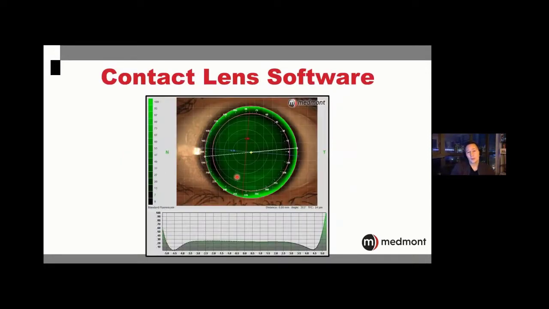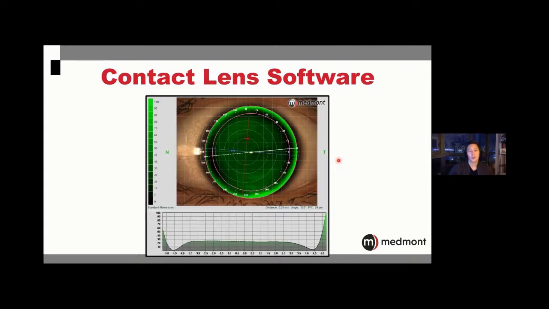This is where we use the Medmont contact lens software, and this is a tool that allows you to take your highly accurate map and then place a rigid contact lens on top of that topography. Optimize the fit, optimize the diameter, the apical clearance, the landing, the edge lift, everything about the lens so that we place the right first lens on the patient the first time, making us more efficient in practice.